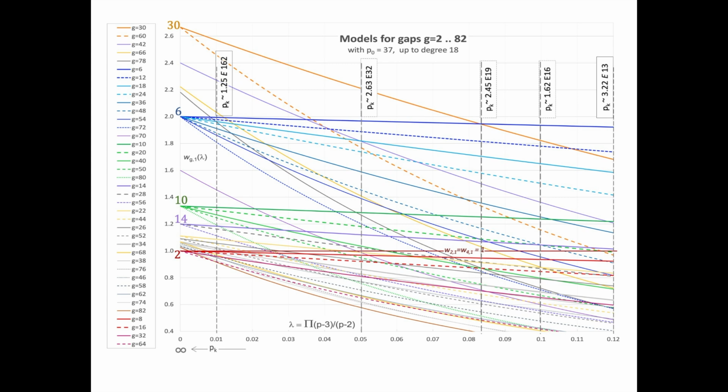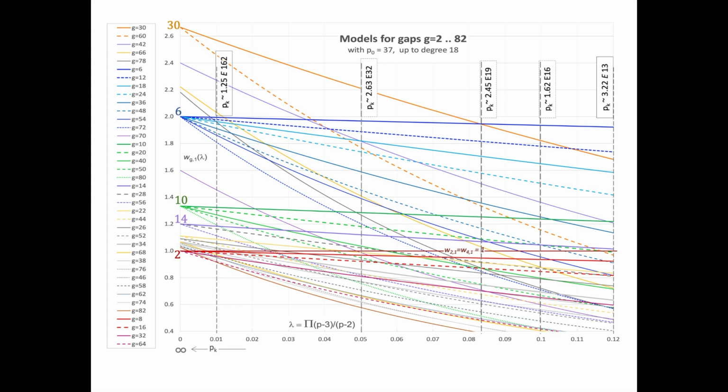We see that 30, that orange-gold line up top, finally becomes more populous than 6s. There are finally more 30s than 6s in a cycle of gaps when the prime is around 2 times 10 to the 19th, around when the system parameter is around 0.083. We would have to go that far out.